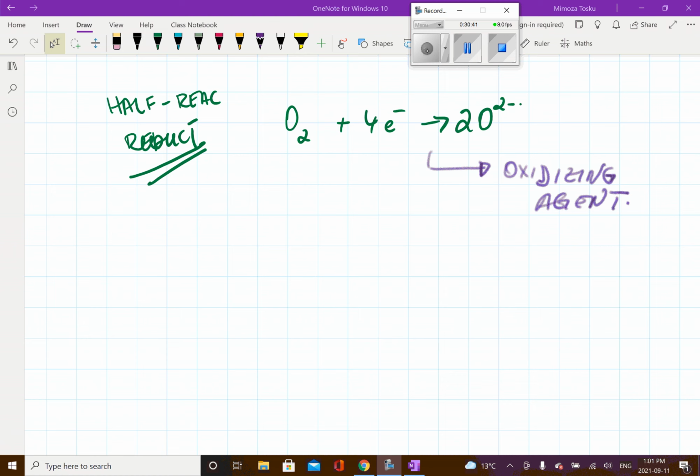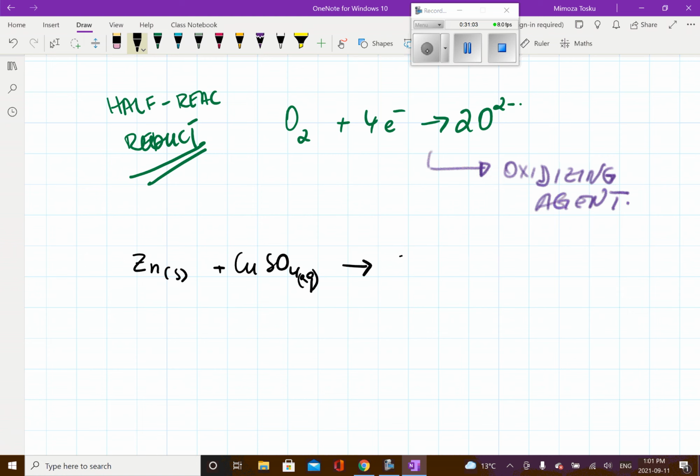So let's take a look at another example when we have zinc solid and copper sulfate in an aqueous solution. This is a single replacement reaction.